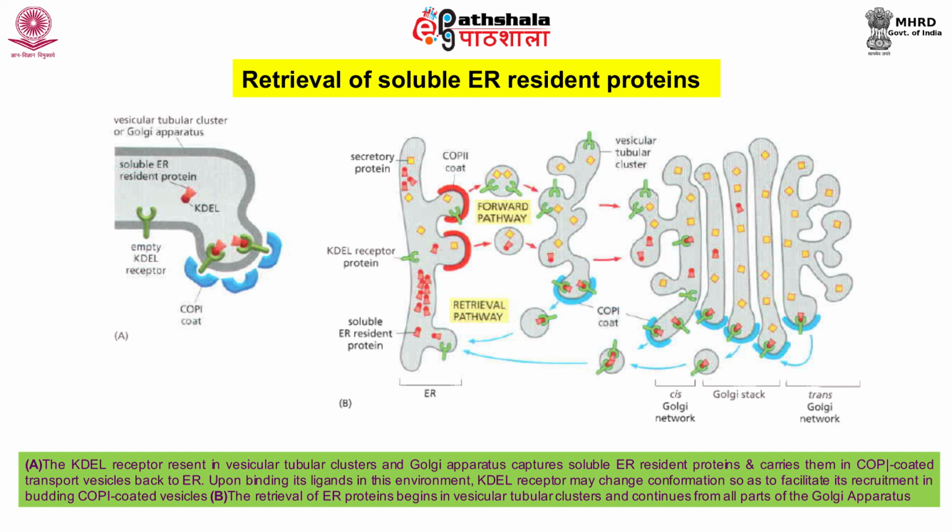It is called the KKXX sequence. Soluble ER resident proteins such as BiP also contain a short retrieval signal at their C terminal end, but they contain lysine, aspartate, glutamate, leucine, that is the KDEL sequence.